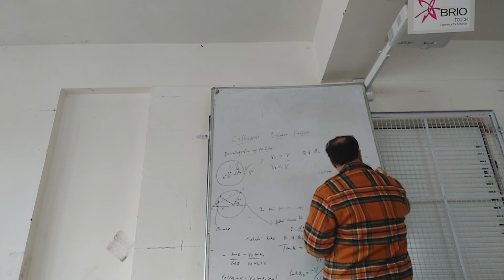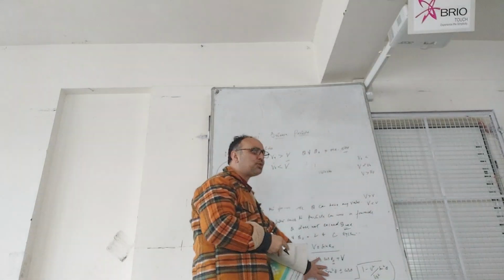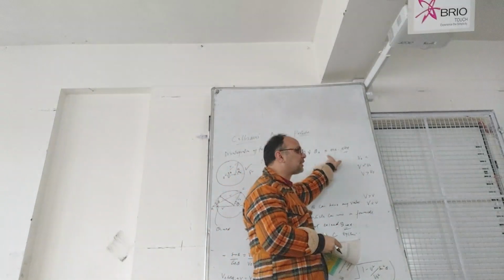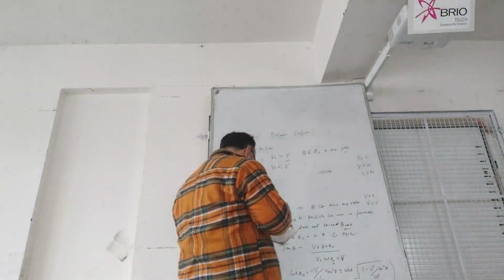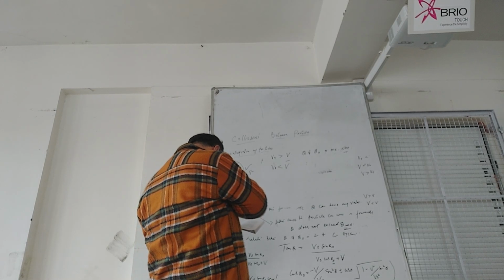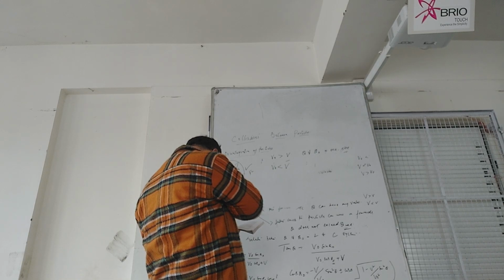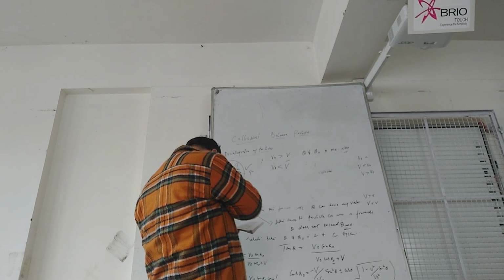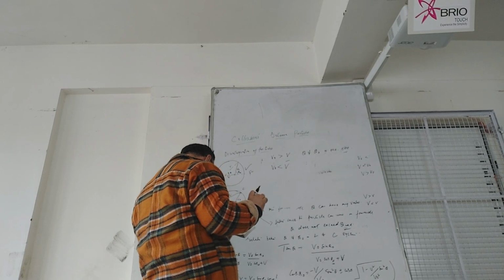In both cases, if V is greater than V naught, it follows that the relationship of theta and theta naught is 1:1. And in case of the other, this is an important point.